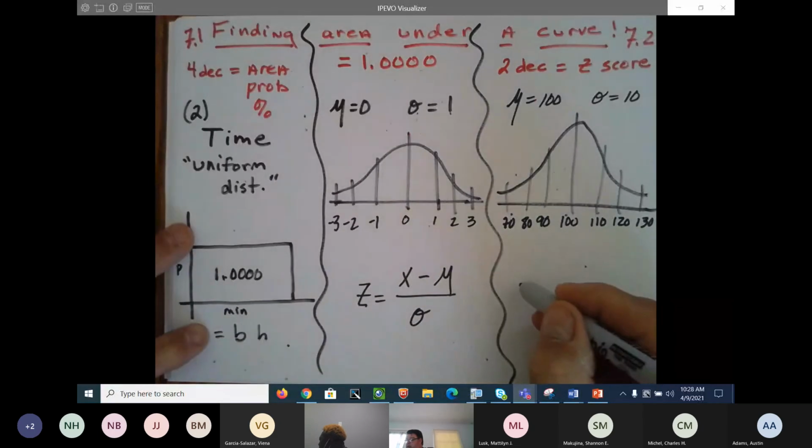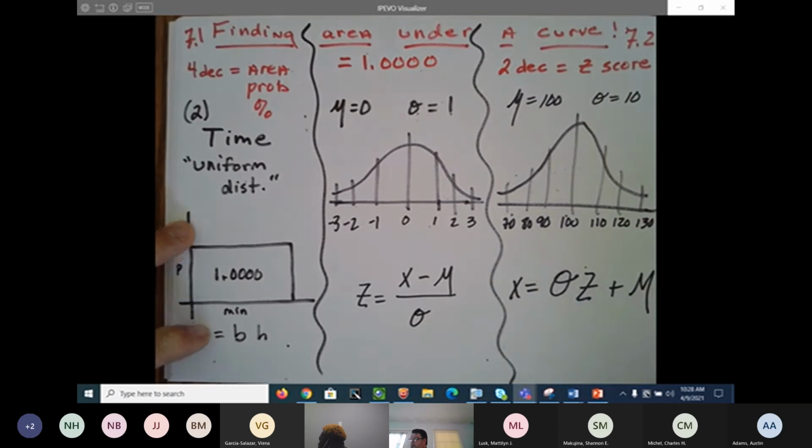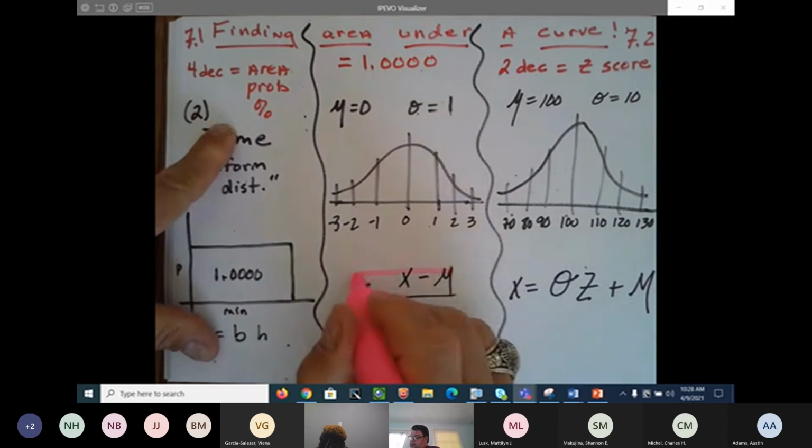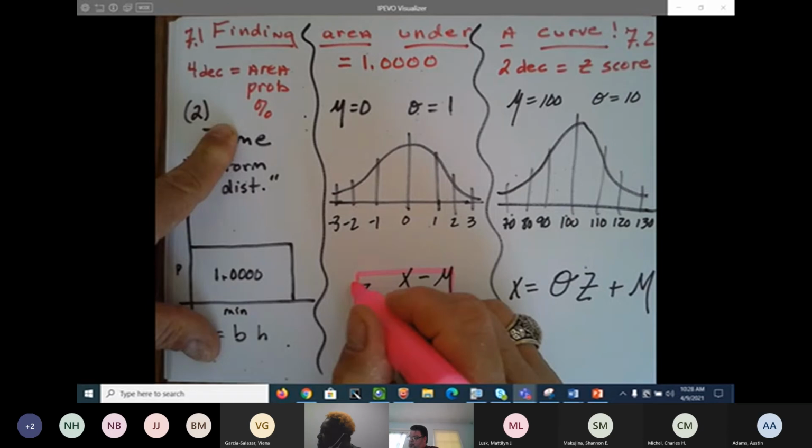And the x formula, which is equal to z sigma plus mu. Are those 2 very important formulas? Yes. So I want you to take your handy-dandy highlighter and highlight these 2 because you're going to use them in 7.1, 7.2.